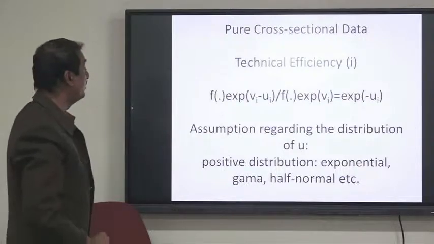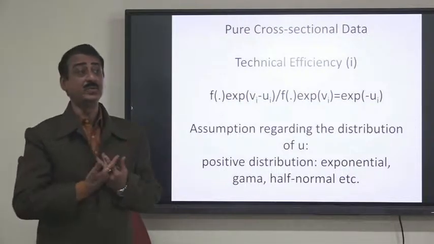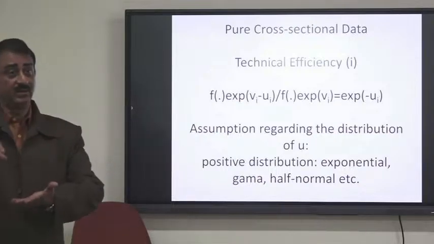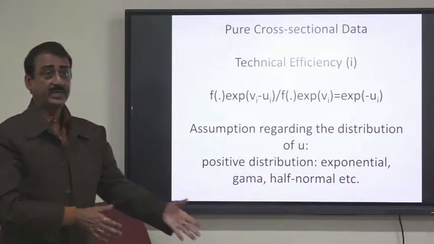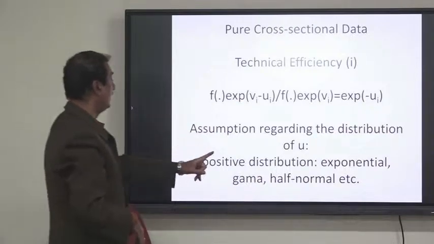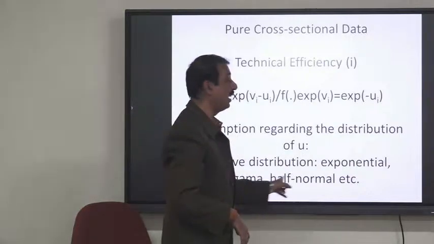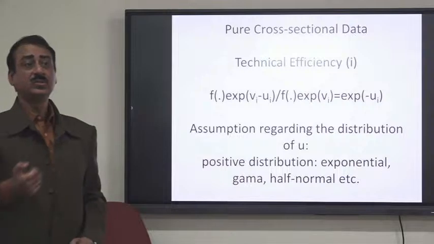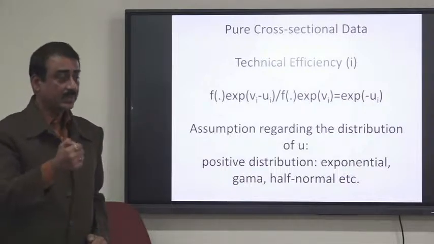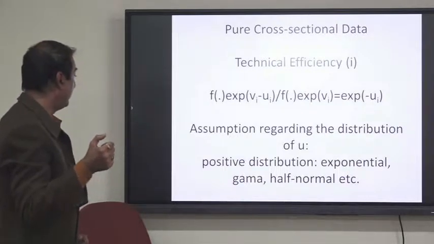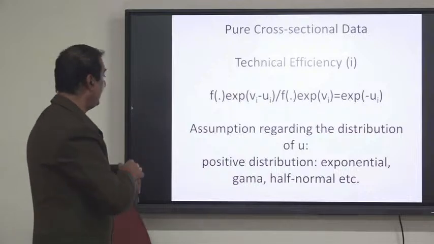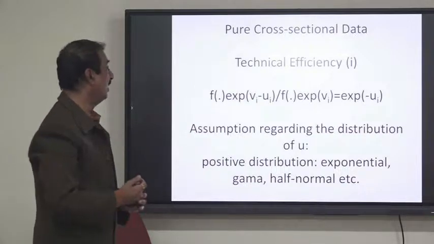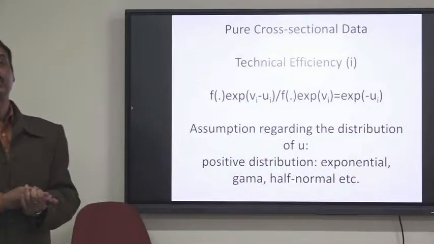So one-sided distribution means we will have to tell the computer, each package will have certain alternative methods. Stata will have all these optional methods: exponential, gamma, half normal, etc. These are all positive distributions. So you will have to click on that to say whether it follows an exponential or a gamma or a half normal distribution.